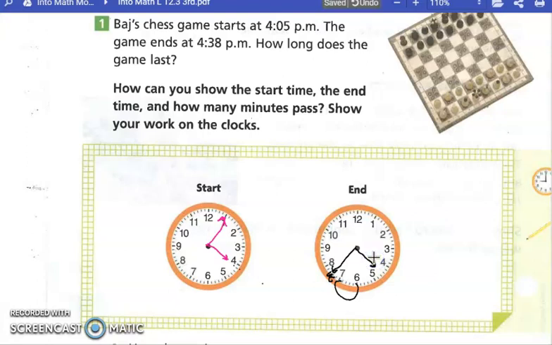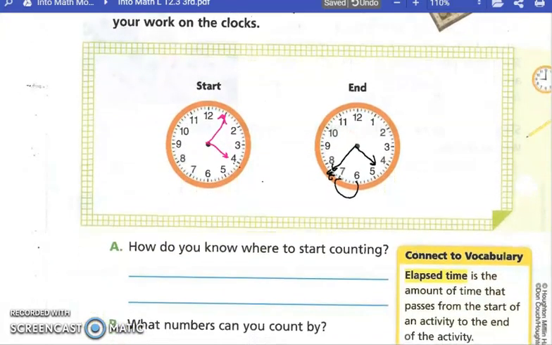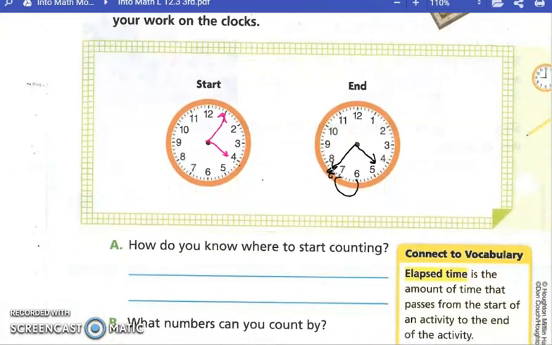All right. So it wants to know how long the game lasts. It says, how do you know where to start counting? What time does it start? Okay, so we should start the time at 4:05.